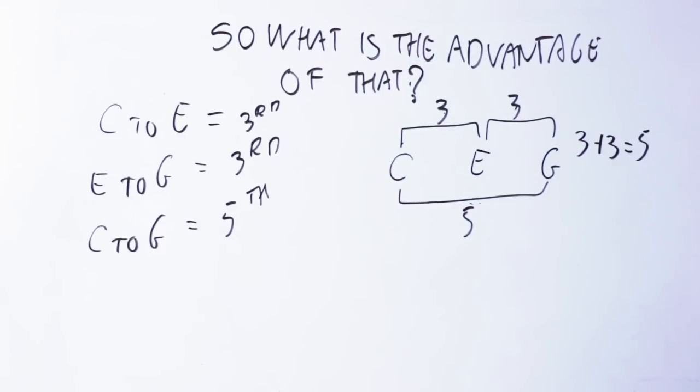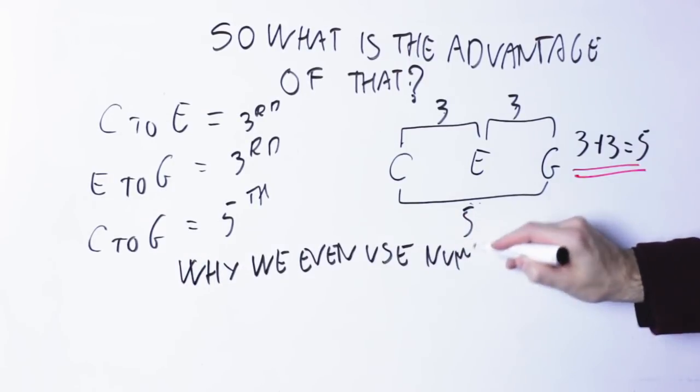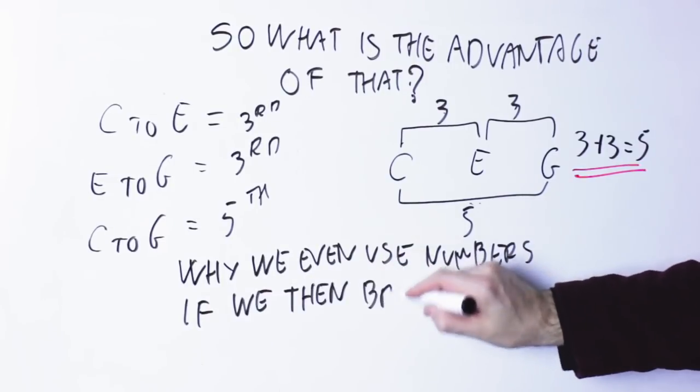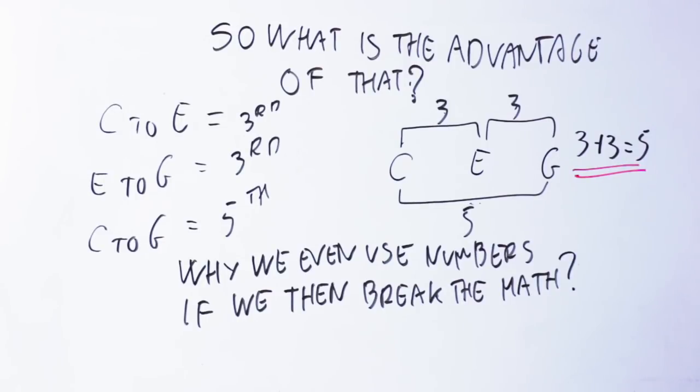But here we break the system immediately by creating a strange kind of mathematics where 3 plus 3 is 5, which is at least counterintuitive and kind of defeats the purpose of having a measure of an interval that we can use. I mean, if I cannot use those numbers to do any kind of operation intuitively, then I might as well call those intervals using colors: the red interval, the yellow interval, the orange interval, the green interval, and so on and so forth.